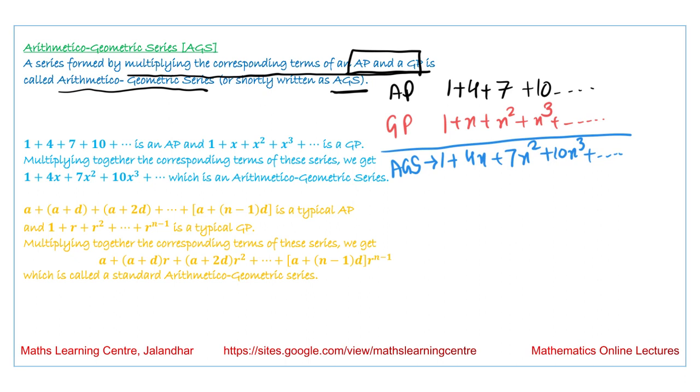Now if we want to write the general terms, the general term of an AP is written over here: a, a plus d, a plus 2d, and so on up to a plus (n minus 1)d.